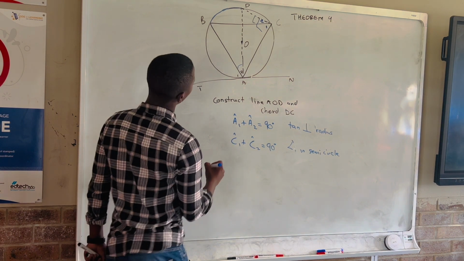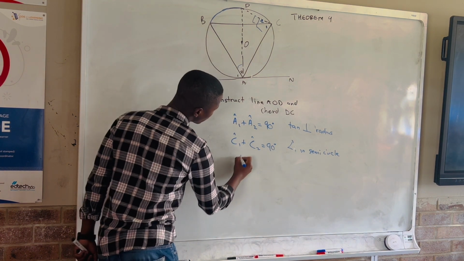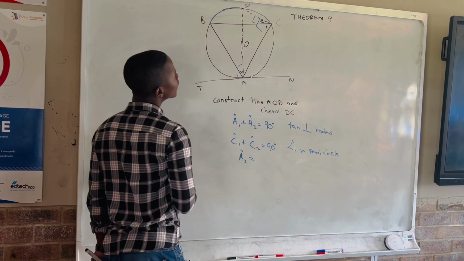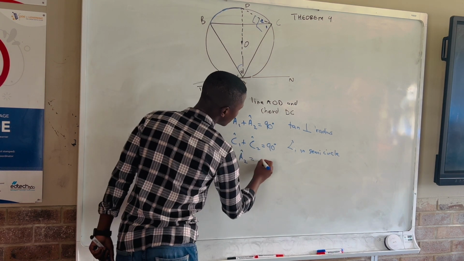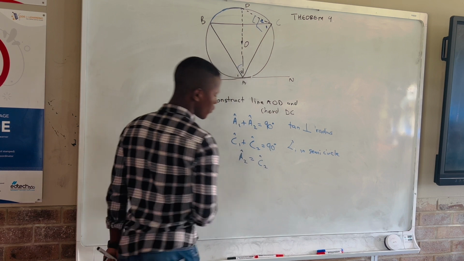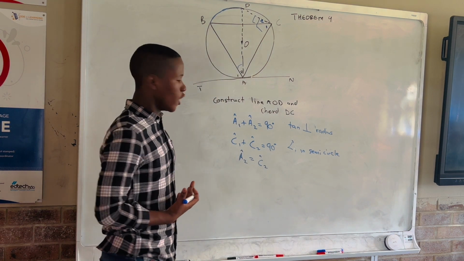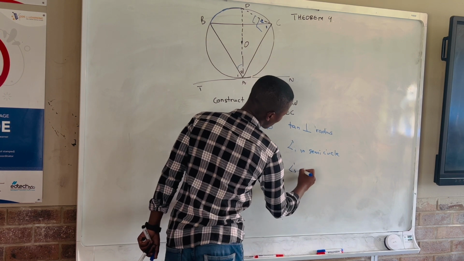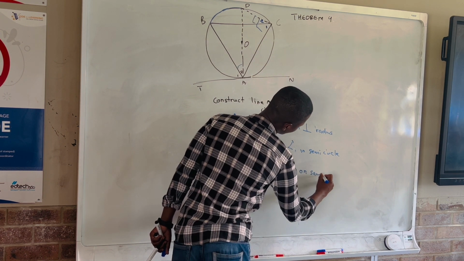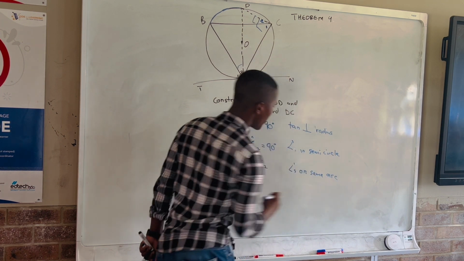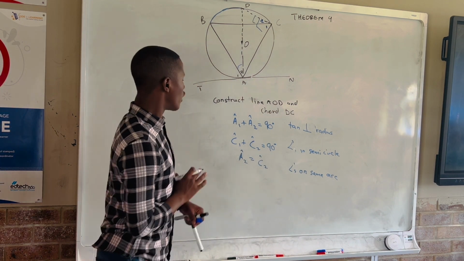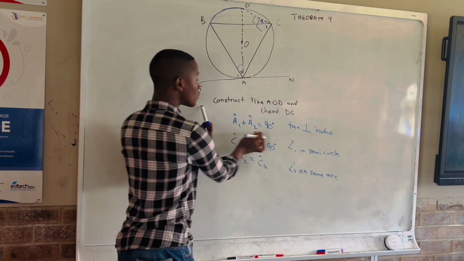So your angle A2 is actually the same as angle C2. What is going to be your reason there? Your reason is going to be because these are angles on the same arc. Remember how to write your arc, right? This is your arc.